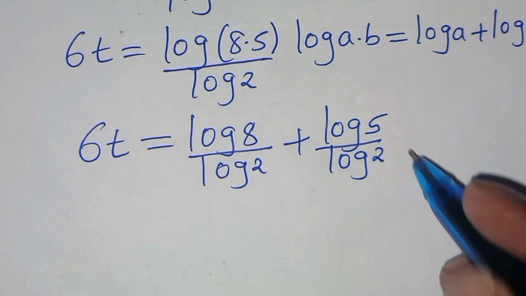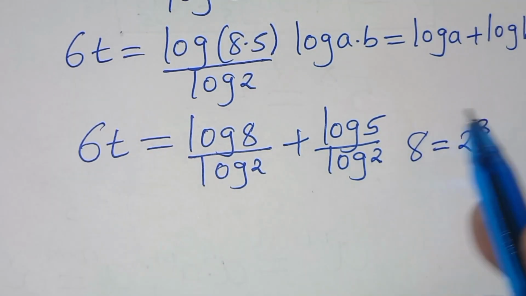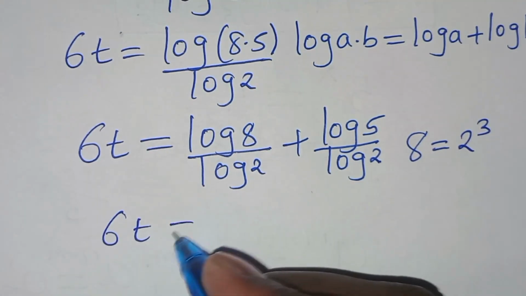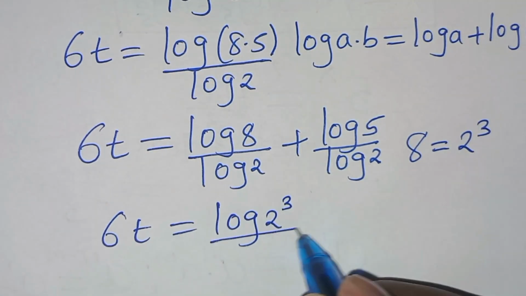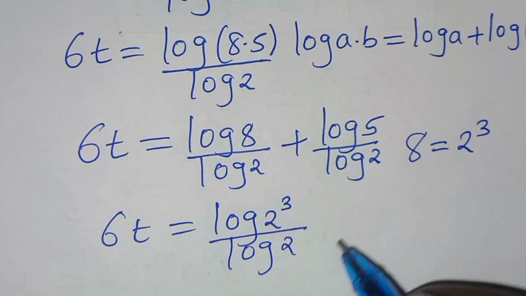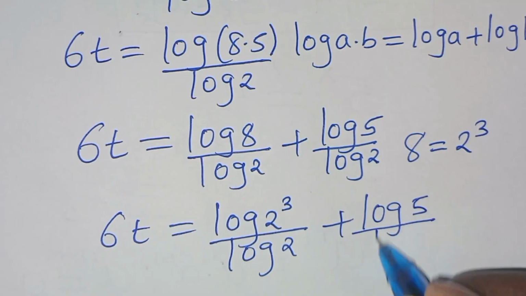The next step is that we can express 8 as 2 to the power 3. So here we have 6t equal to log 2 to the power 3 divided by log 2 plus log 5 divided by log 2.